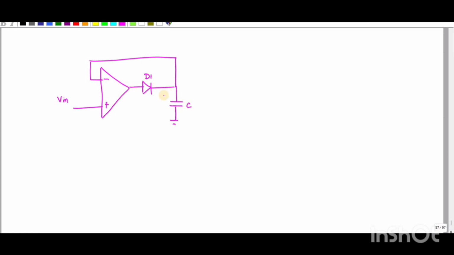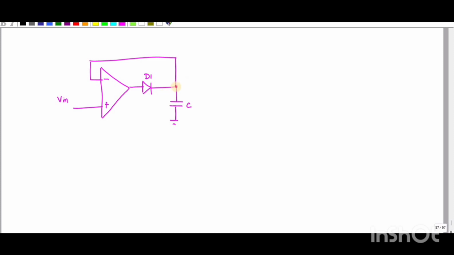So first let us discuss the block diagram of this peak detector. You have a capacitor, a diode, and the op-amp.